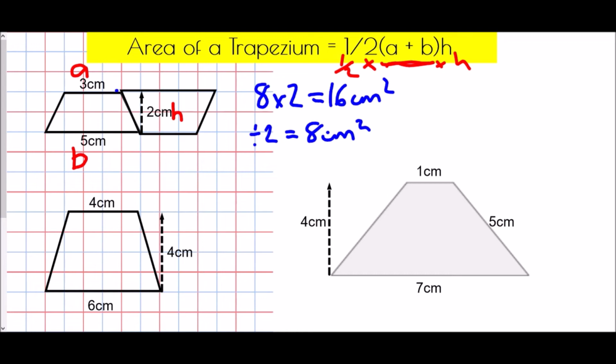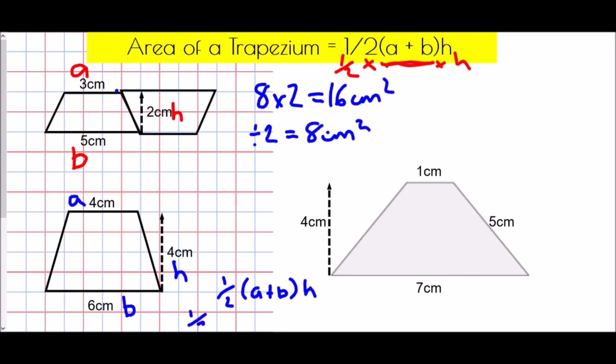So let's have a look at the next one. First of all, let's label our diagram. The top we're going to call A. The base we're going to call B. The height we're going to call H. For our formula, the first thing we have to do is add together the top and the bottom of our shape.